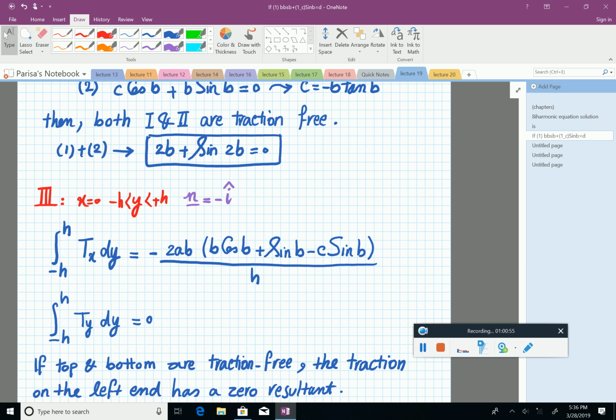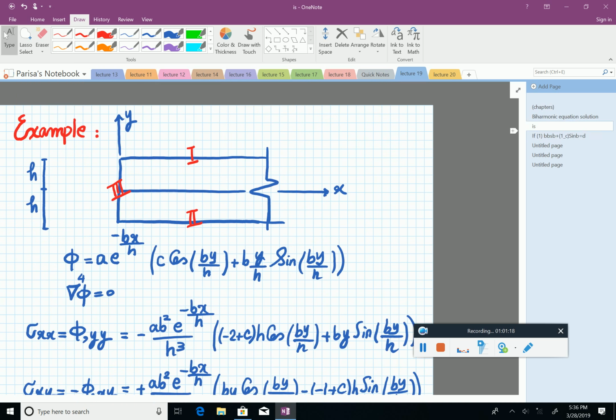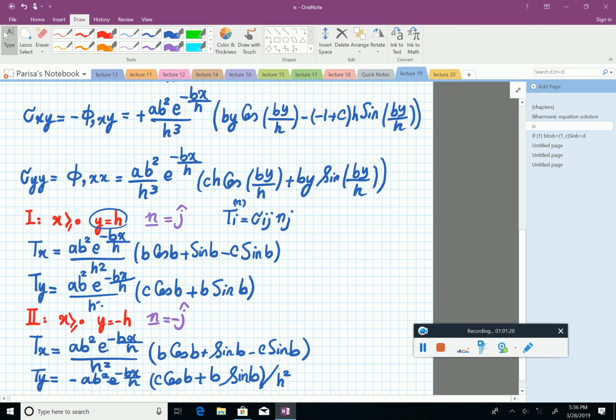If I wrote them, they look something big and it won't be anything that we can learn anything from. What is interesting is the resultant here. I have it here. If you want, I can show it to you so you can write it. I just didn't want to take the time to write them. But those values came directly from tractions, right? So here, if these guys are 0, the traction Tx itself will be 0. But on the left side, the tractions won't be 0. What will be 0 would be the integral.